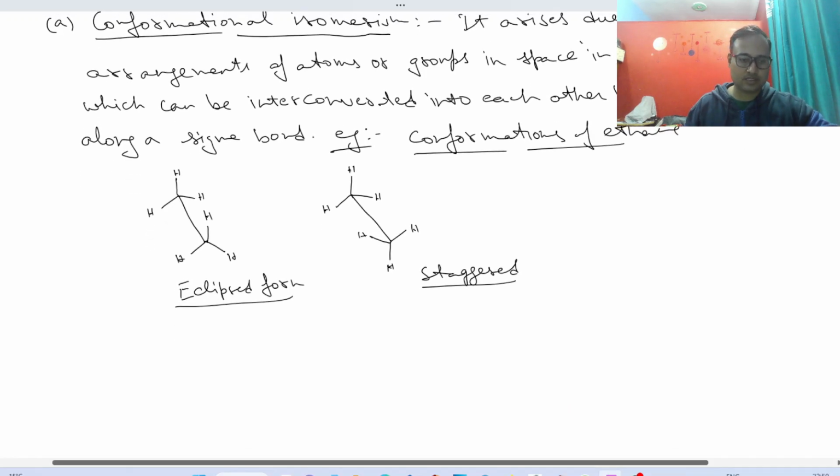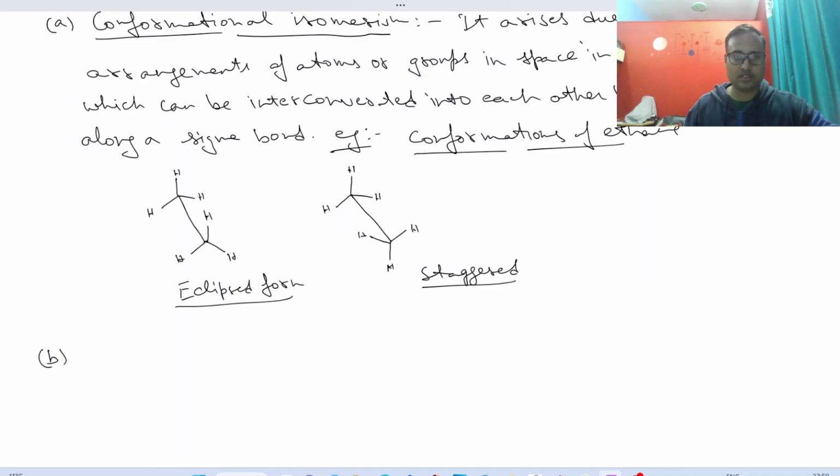Okay, the second type of stereoisomerism is configurational isomerism.